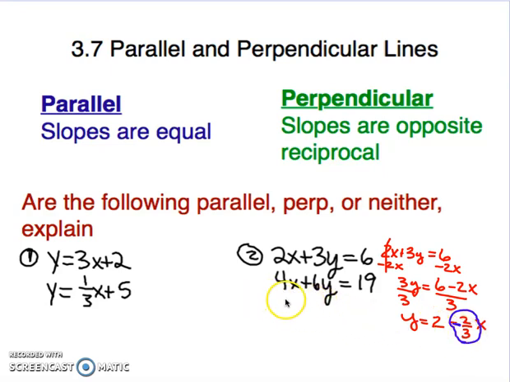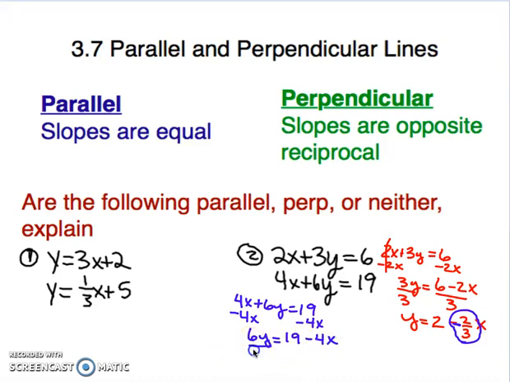In the second equation, 4x plus 6y equals 19. Again, we could write that right down here. We have to put that into the slope-intercept form. So we could just subtract 4x from each side, which leaves us with 6y equals 19 minus 4x.